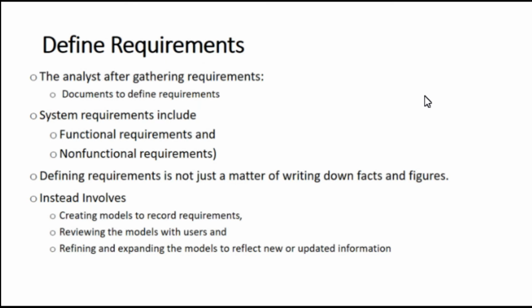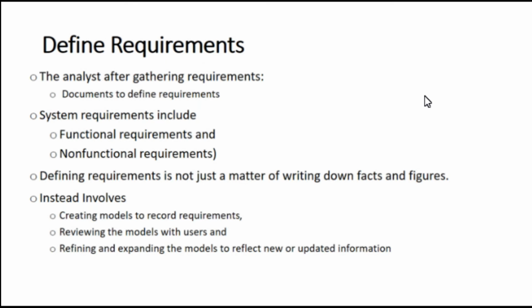It is about creating models to record requirements, models like the use case diagram, the activity diagram, and other types of diagrams. Reviewing the models with users: after creating a model based on the requirements you gather, you have to review these models with the users, and then refine and expand the models to reflect new or updated information.